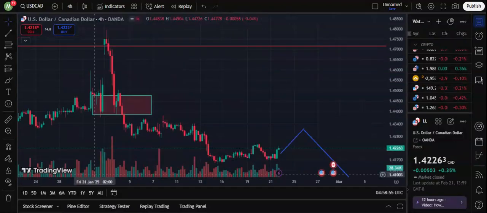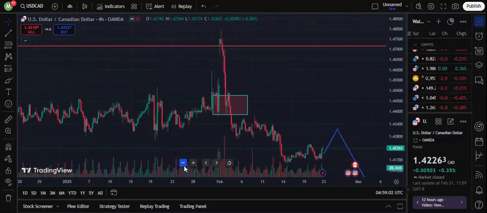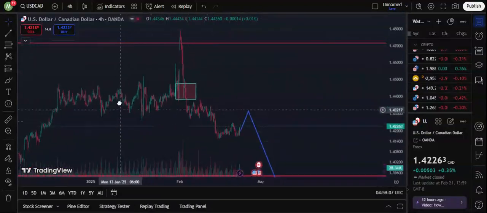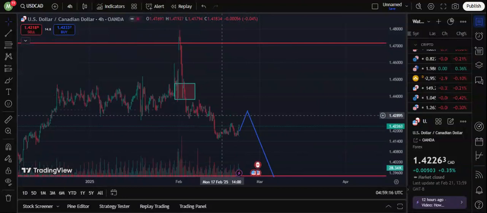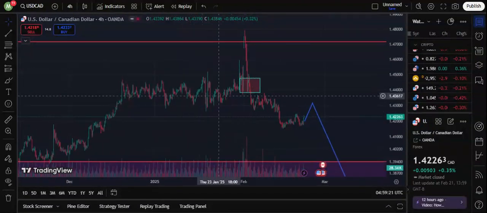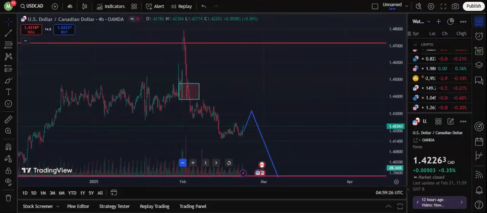Let's go down to the 4 hour. So this is what we are hoping for on the 4 hour, right? Our hope right now is that price will come here to this area and then start selling. But our huge swing is going to be around this.